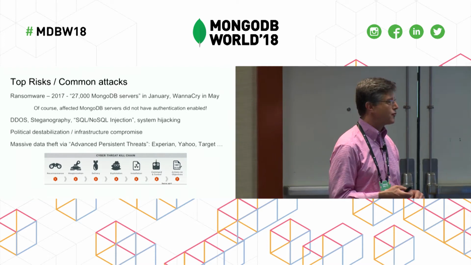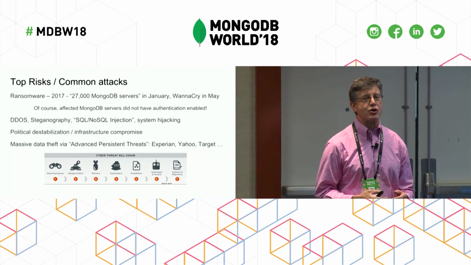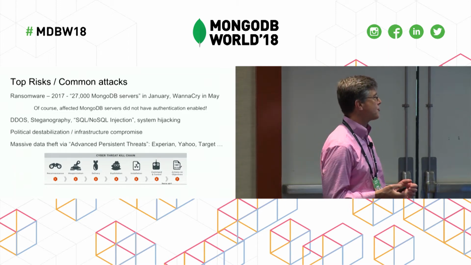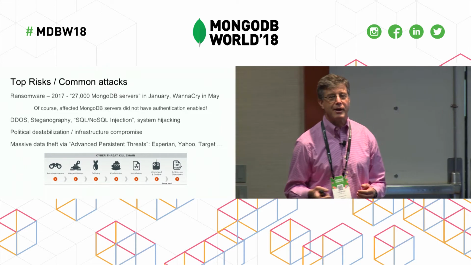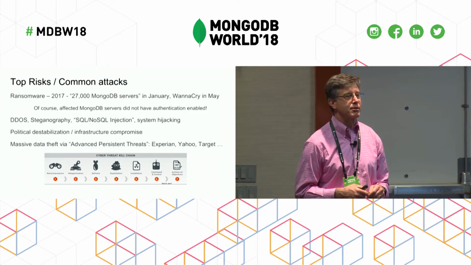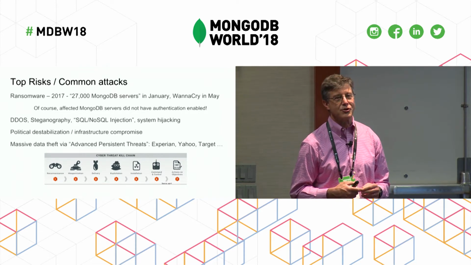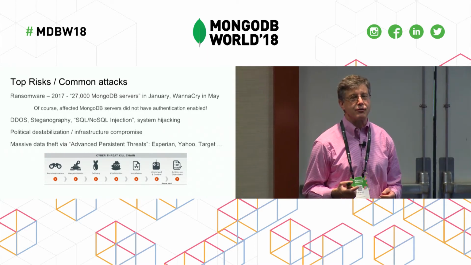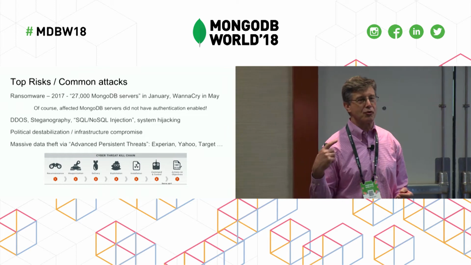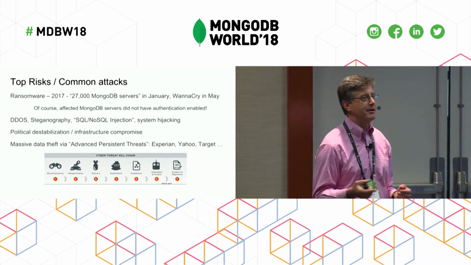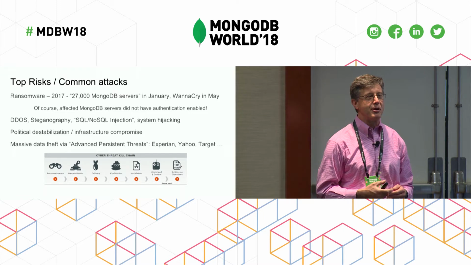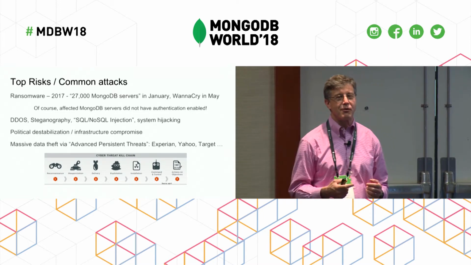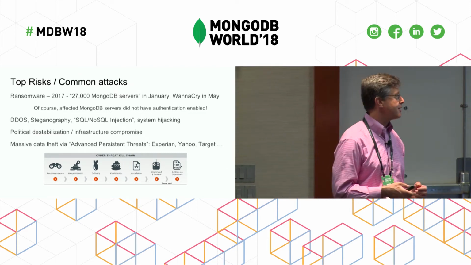Distributed denial of service, how to essentially shut down your operation by spamming you with so many packets that your system can't handle them. We've seen many instances over the last few years of political destabilization attempts by nation-state actors and compromise of critical infrastructures like utility systems, nuclear power plants, and so on. If you're using MongoDB to run a nuclear power plant, and you may be, you're going to want to be very careful about how you protect that data.